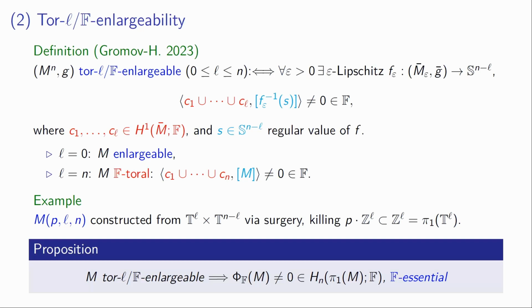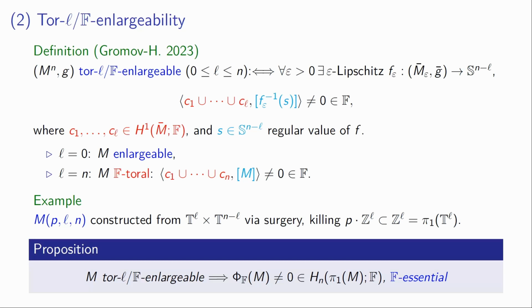What we can do is kill generators of the fundamental group of T^L, of this first factor. So we have L generators, and we kill P times each of these generators by a surgery process.